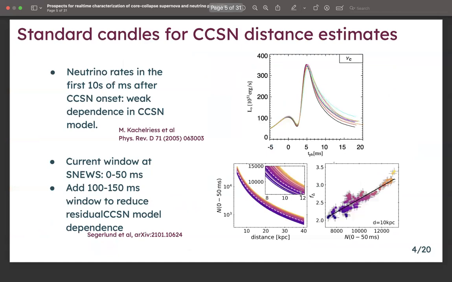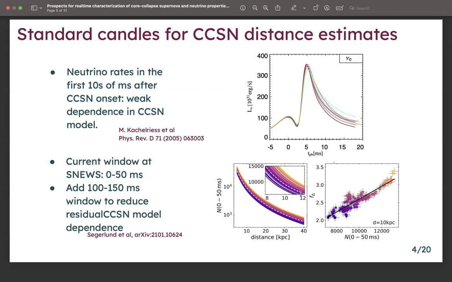It has been shown in previous results that the neutrino rates in the first 10 milliseconds after the CCSN onset can be seen as standard candles for CCSN distance estimates. So it's a very interesting observable to take into account.